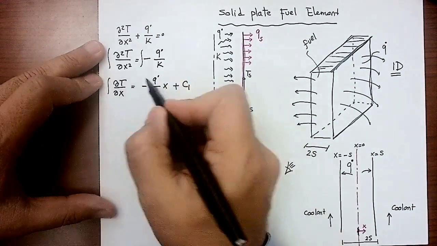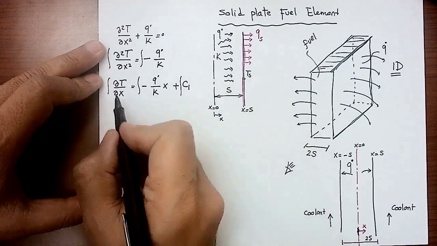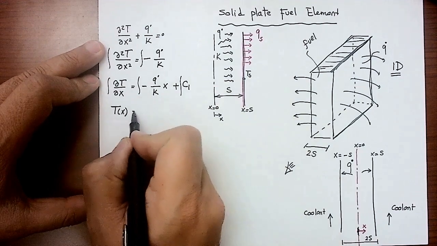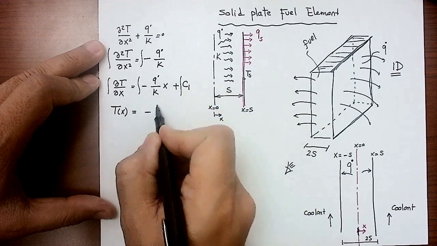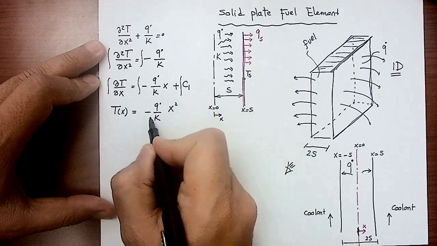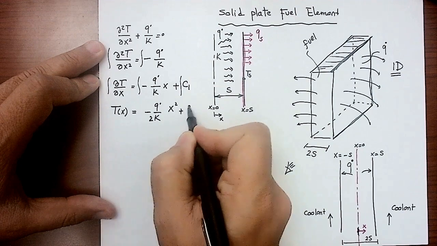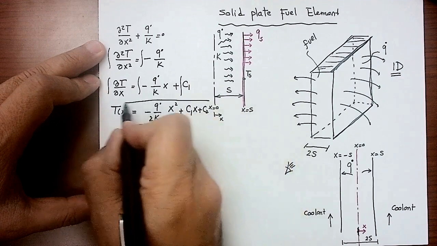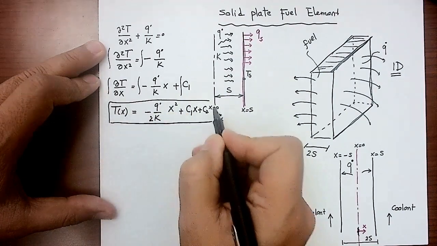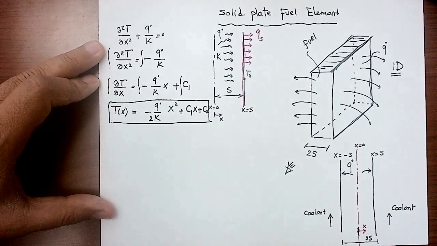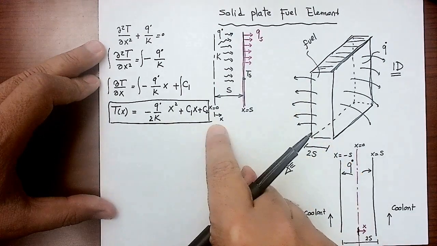Let's actually integrate this equation one more time. So you integrate the first derivative, and I'm going to get the temperature as a function of x. You integrate that, minus q dot over k is constant, and the x integration is going to be x squared over 2 plus c1x plus another constant for the integration. So the first lesson I have learned from this is the temperature distribution in this guy is not linear.